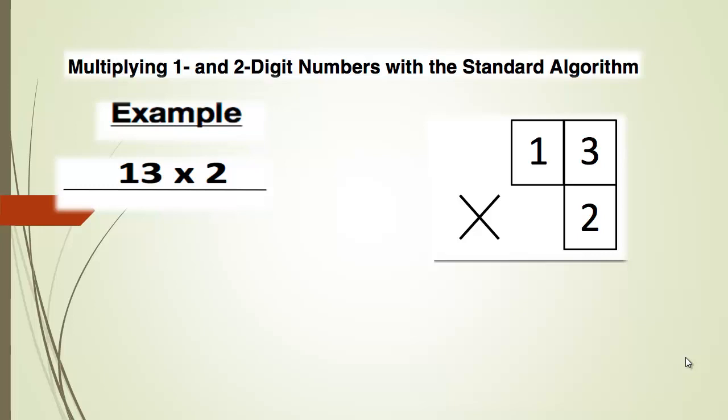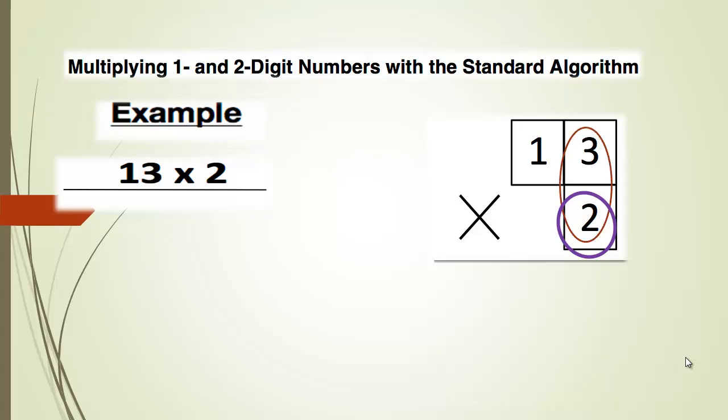Don't forget the multiplication sign. Then start with 2 times each digit of 13.